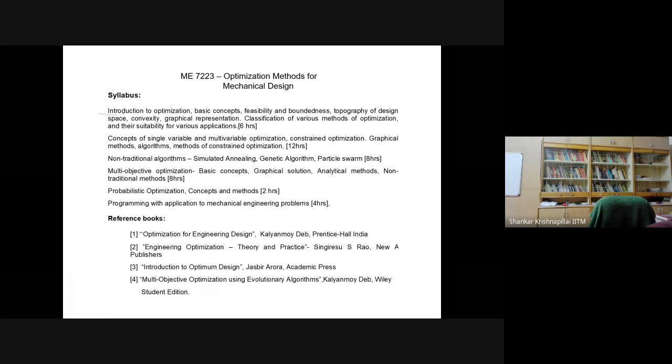First is introduction to optimization, basic concepts, convexity, and various types of optimization and all that. So this will be done. Then single variable and multi-variable optimization, constraints and graphical methods. Then non-traditional algorithms like genetic algorithm, simulated annealing, etc. And also multi-objective optimization.